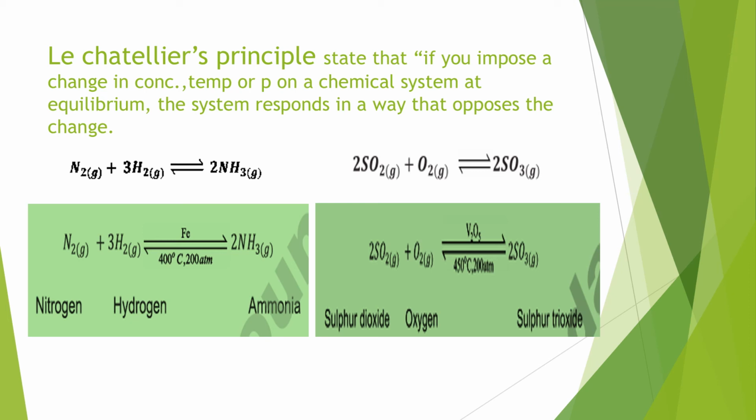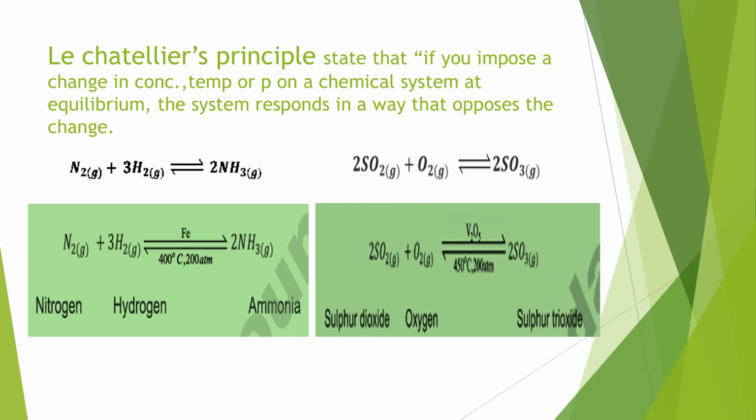So what we should do to get the maximum amount of this sulfur trioxide, we will add the catalyst, that is the vanadium pentoxide, and increase the temperature, that is almost 450 degrees centigrade and 200 atmospheric pressure, high pressure.